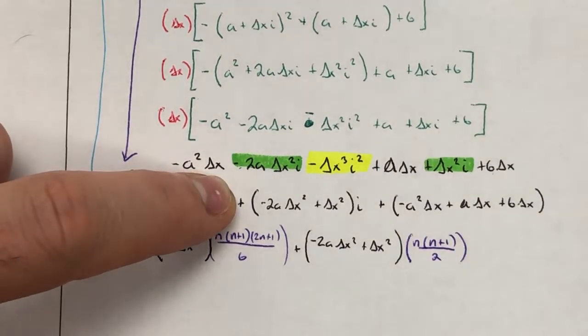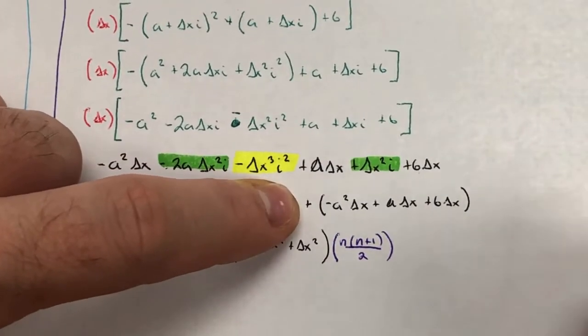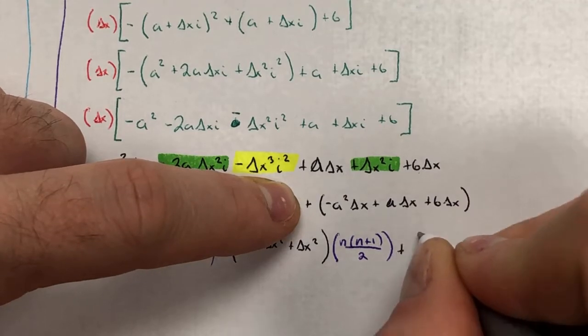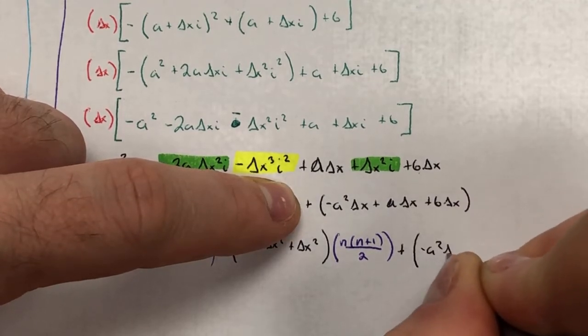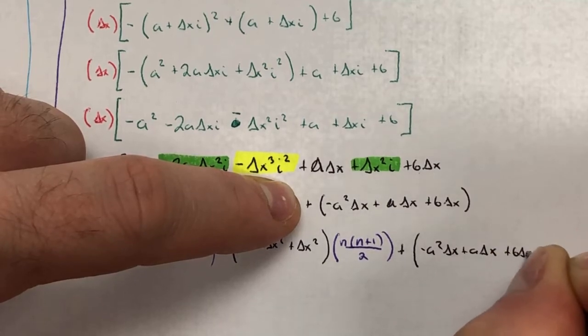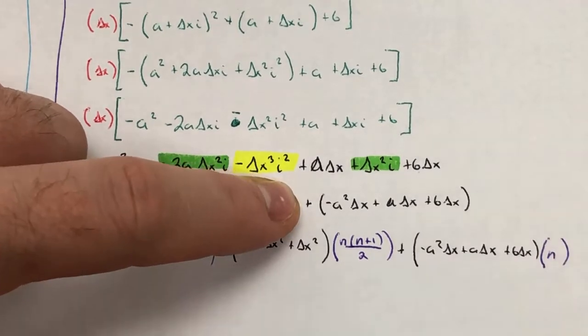And then I'll have the summation formula for this one, which is going to be times n. So plus negative a squared delta x plus a delta x plus 6 delta x times n.